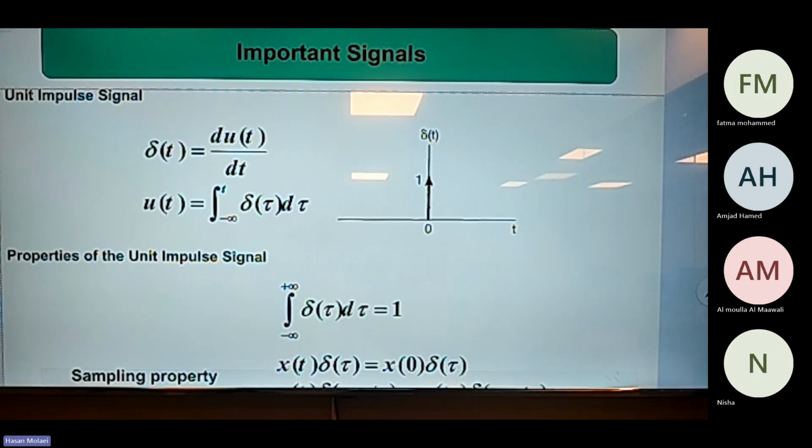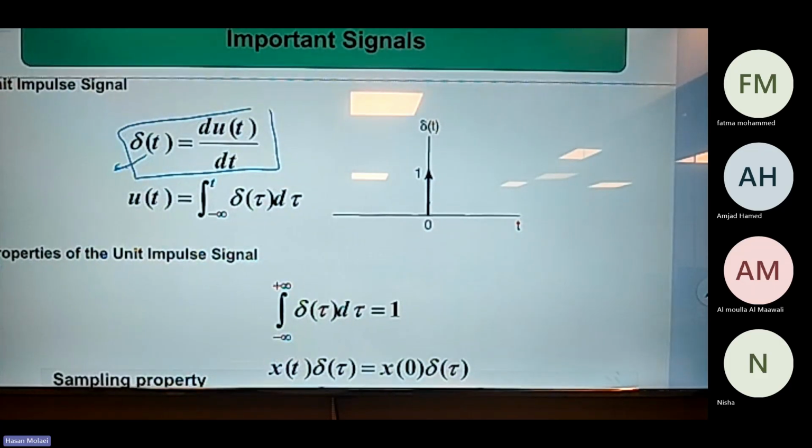The derivative of u(t) is the impulse, which is one unit of infinite energy in a short period of time. First, we find the delta through a pulse signal, then we find the limit as delta goes to 0. Do you remember the definition of the pulse?